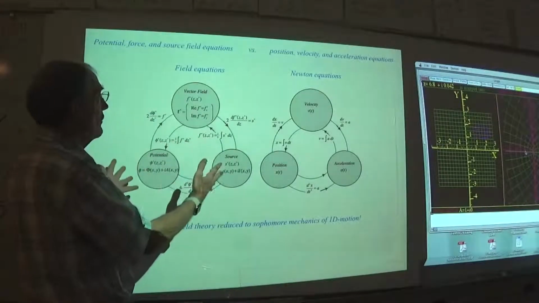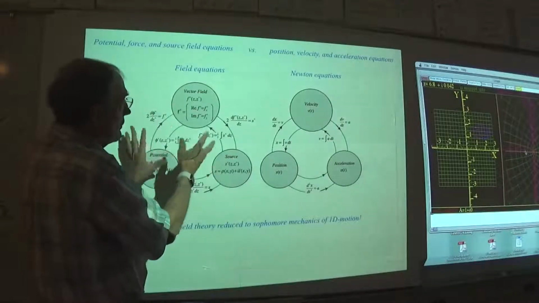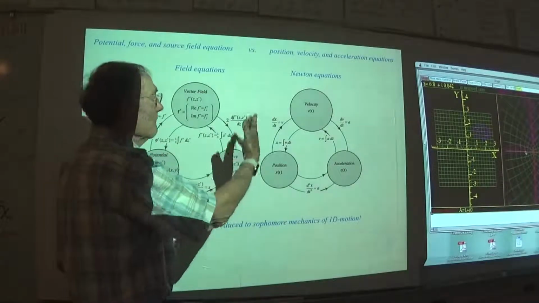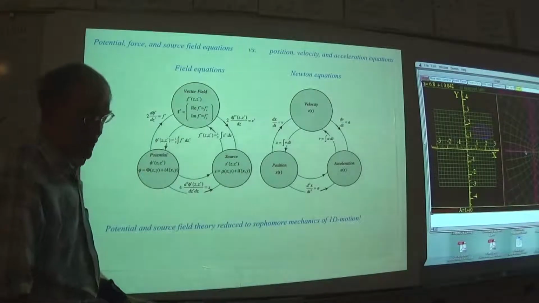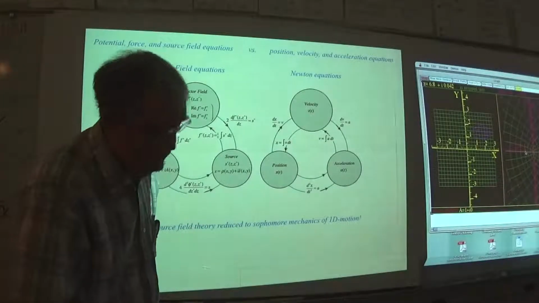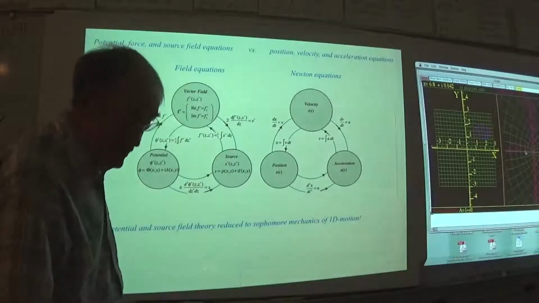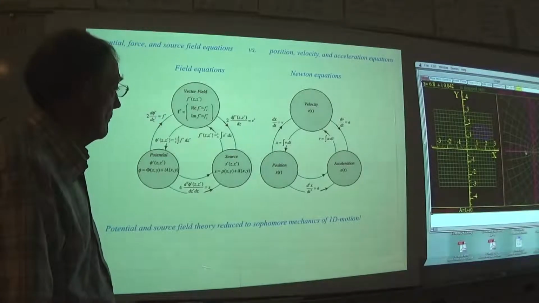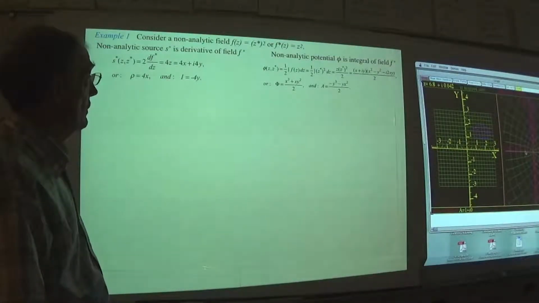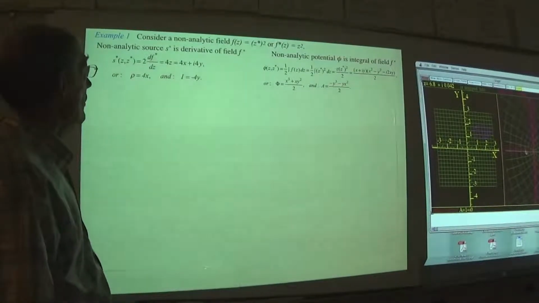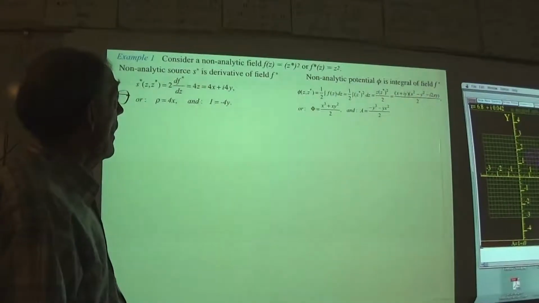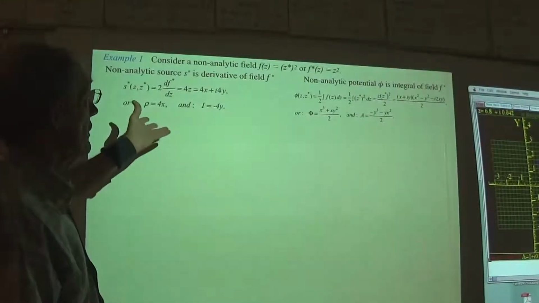So here's an analogy of the calculus that goes with fields, attempting to make it like what we're doing in this class, which is velocity, position, and acceleration of lots of variables, usually. Well, here we're doing fields, which is two variables, essentially. So I'm taking an actual numerical example.